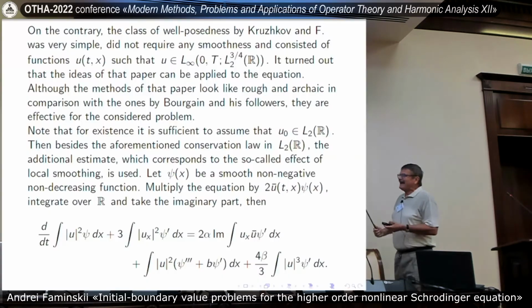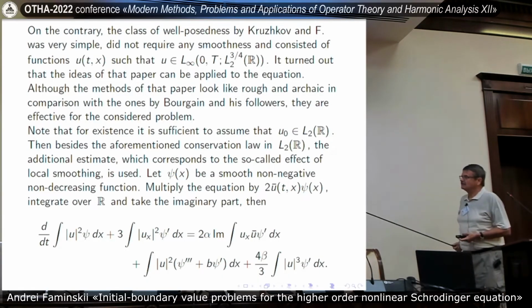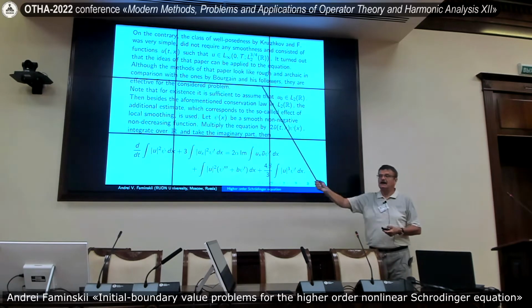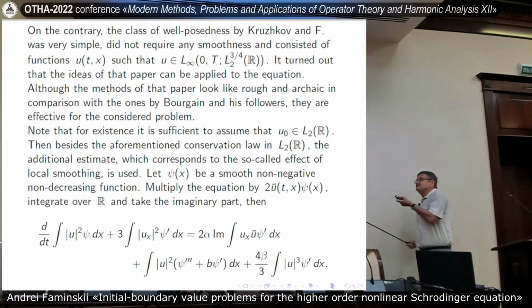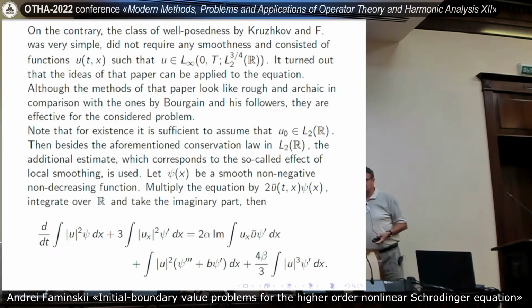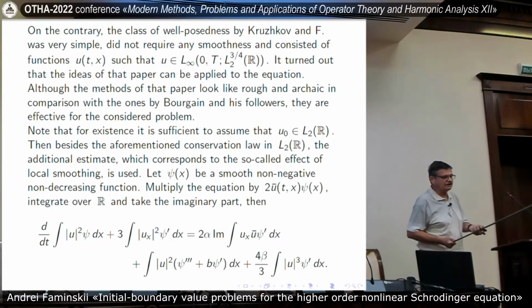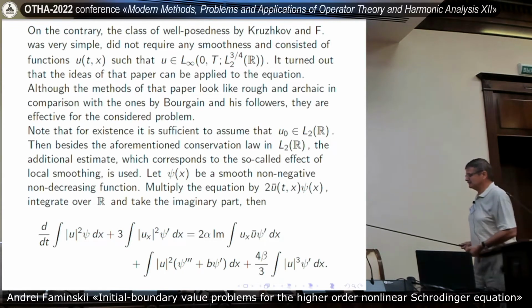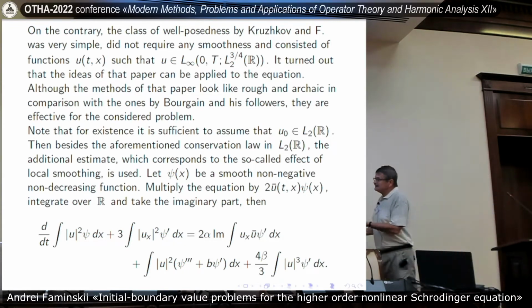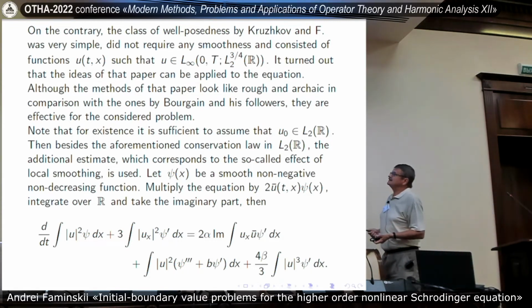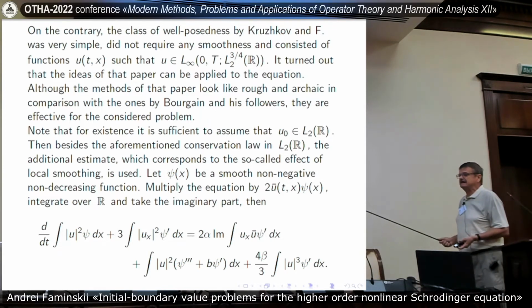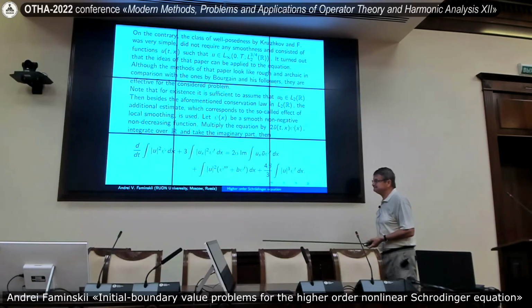It does not require any smoothness, only L2 with the weight. And although these ideas now look rough and archaic in comparison with the Bourgain methods, it turned out that these ideas can work here, and the same result can be established.